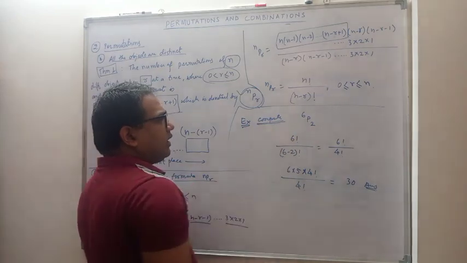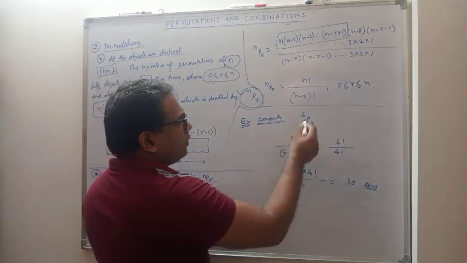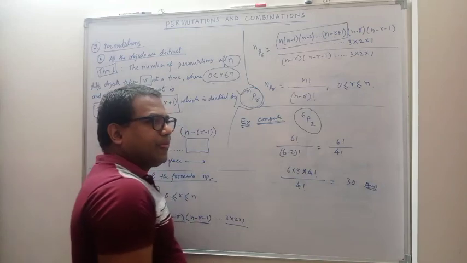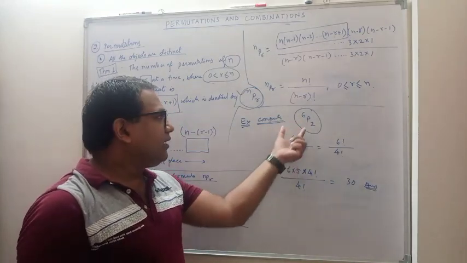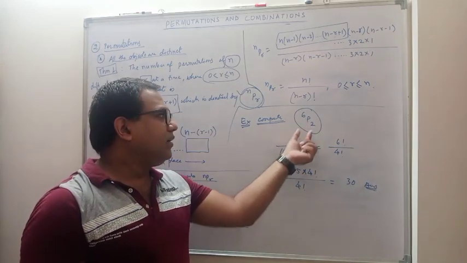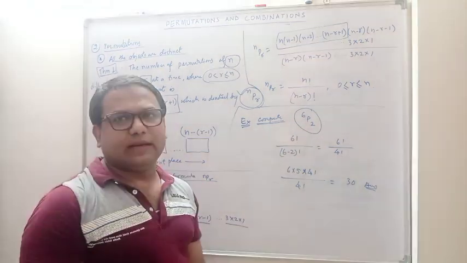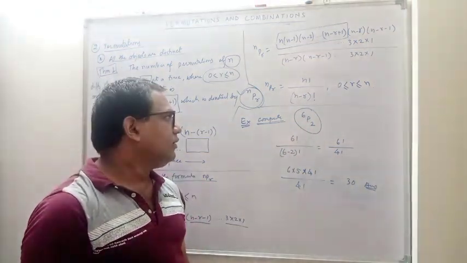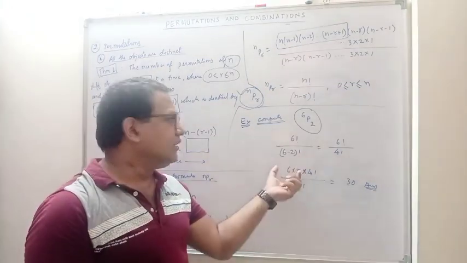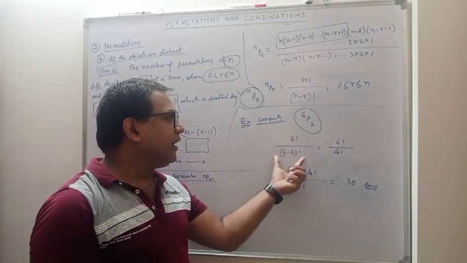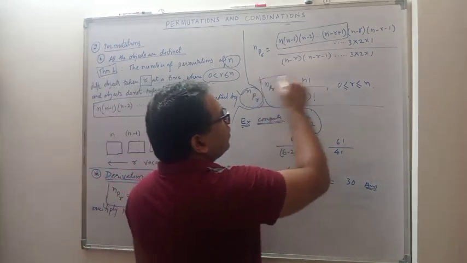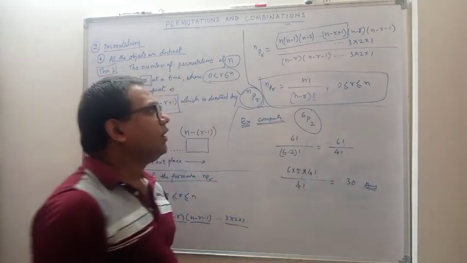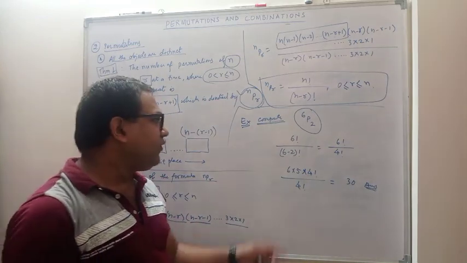I have taken one example, that is compute 6p2. It is read as 6p2, that there are 6 objects and we are choosing 2 at a time, and we are going to calculate this. So 6 factorial divided by 6 minus 2 factorial, according to the formula n factorial divided by n minus r factorial.